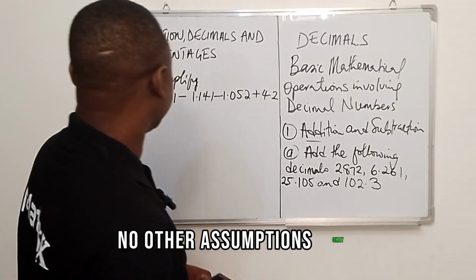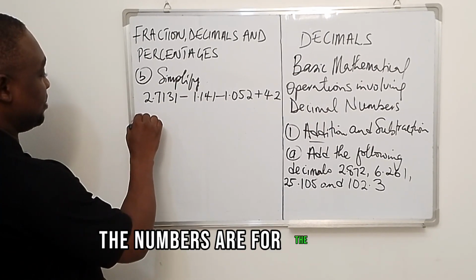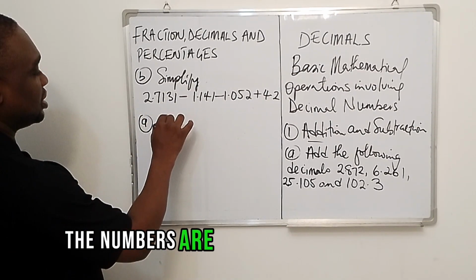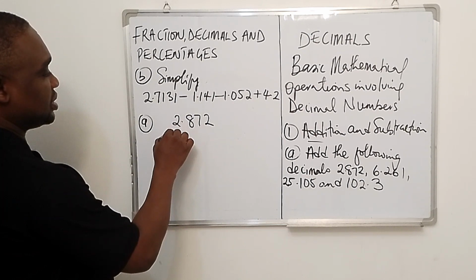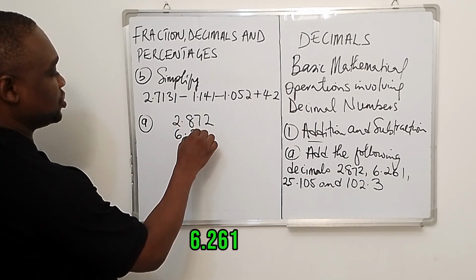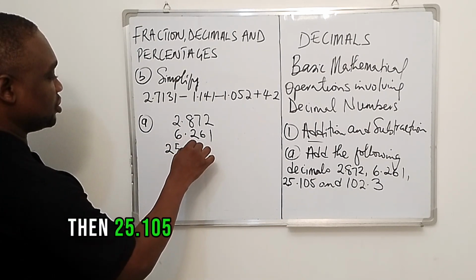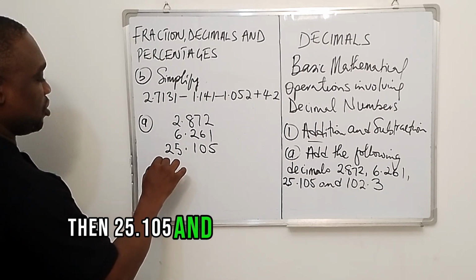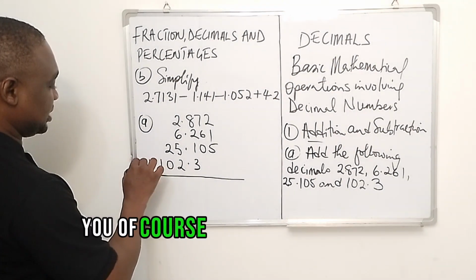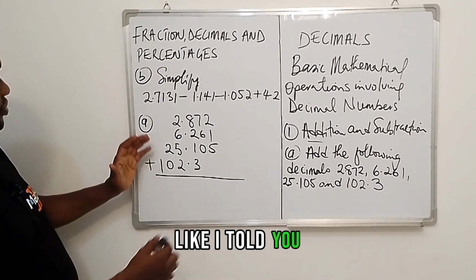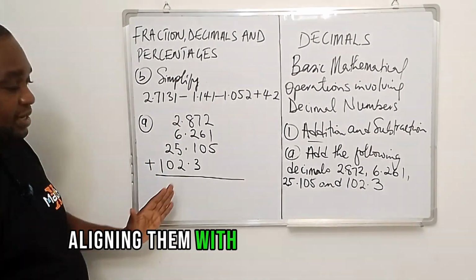No assumptions. Okay, so for this first example, for the A part, the numbers are 2.872, 6.261, then 25.105, and 102.3. Like I told you earlier, indicate that it's an addition, and arrange the numbers based on their place values, aligning them with the decimal point.